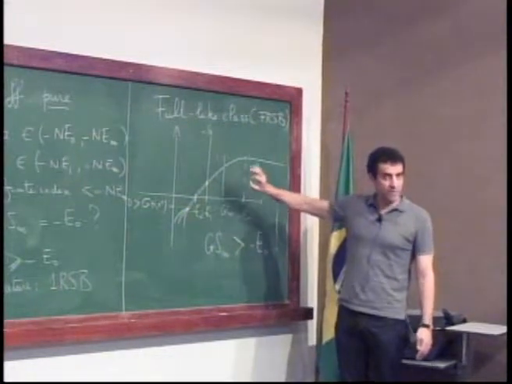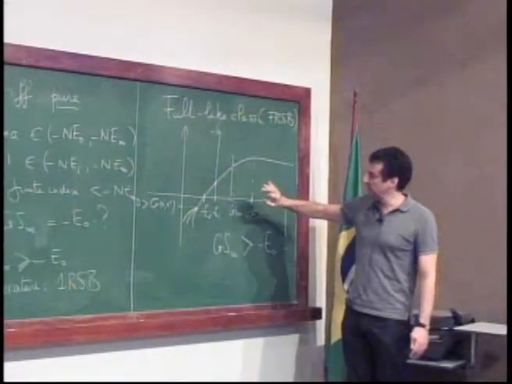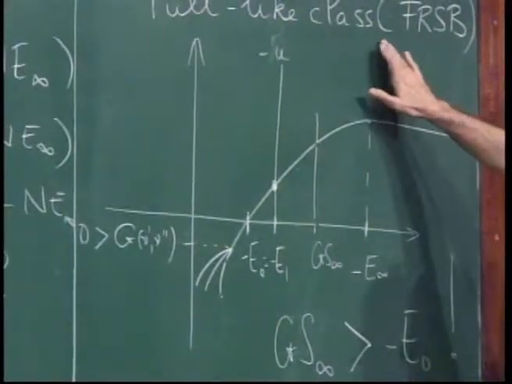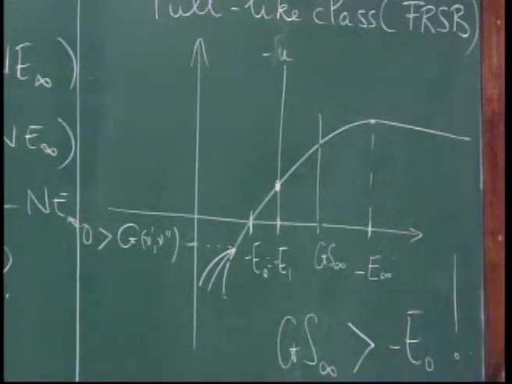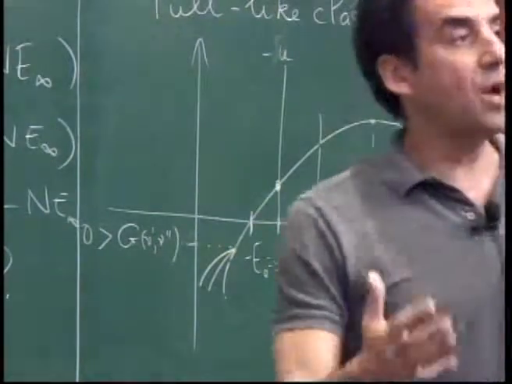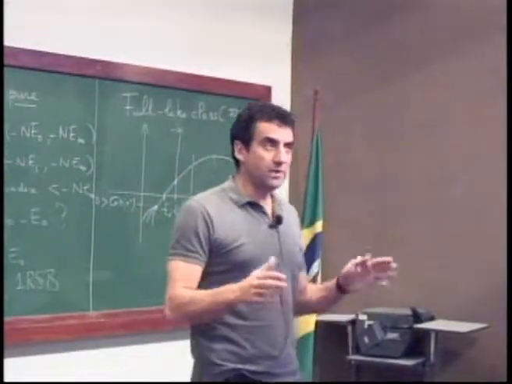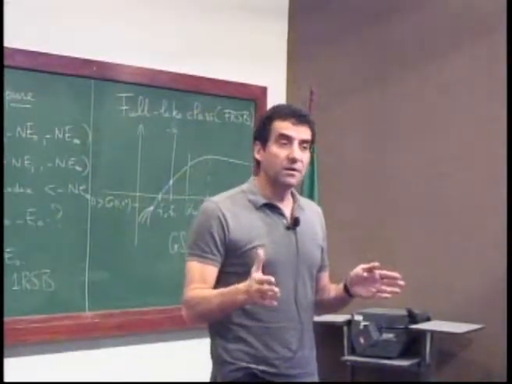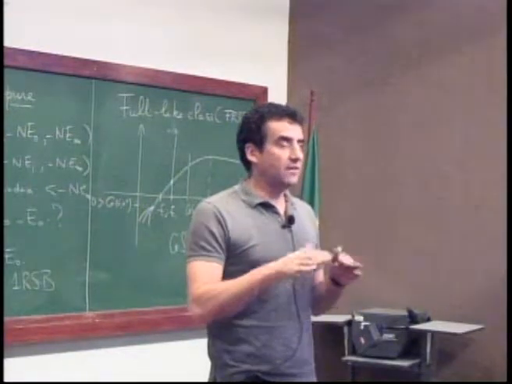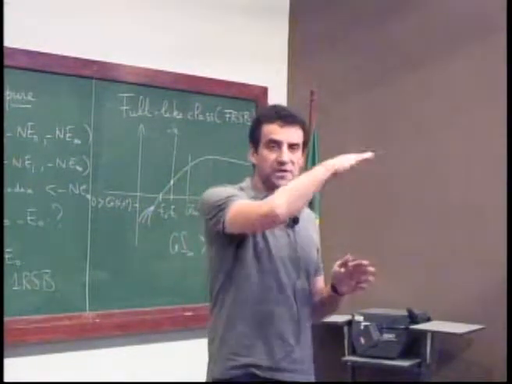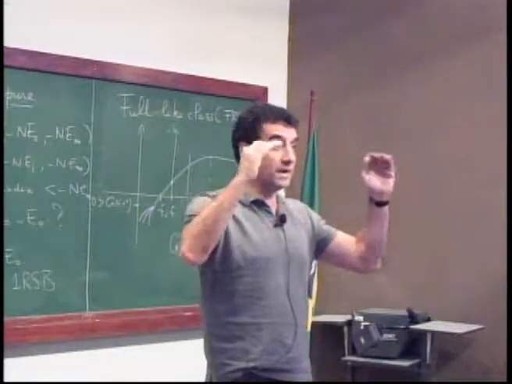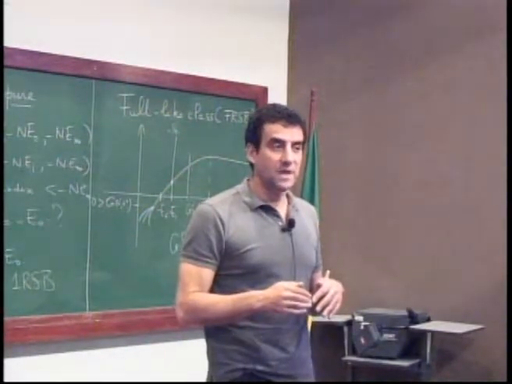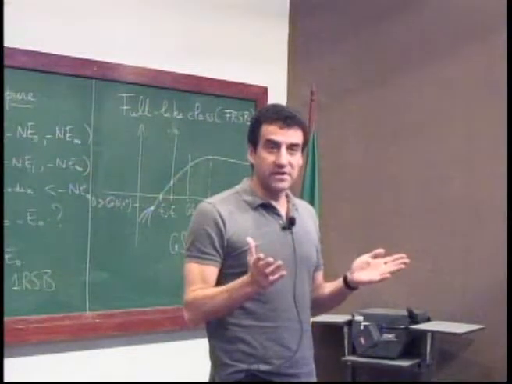But let me say one thing that I'll be very quick about, which seems to justify what I'm saying here. Instead of computing the complexity, or on top of computing the complexity, what we can compute is the following. It's the mean Euler characteristic of the level set. Right? So you fix a U, you look at the region of the sphere where the energy is below that level, and you compute its Euler characteristic.